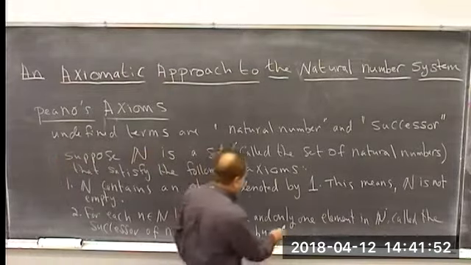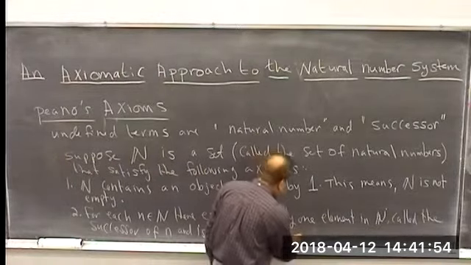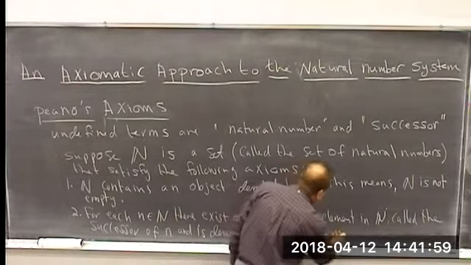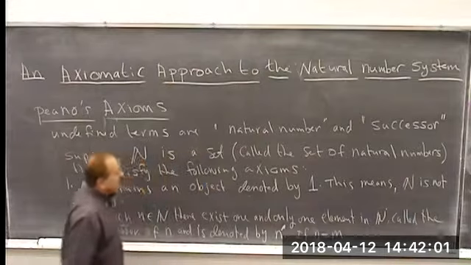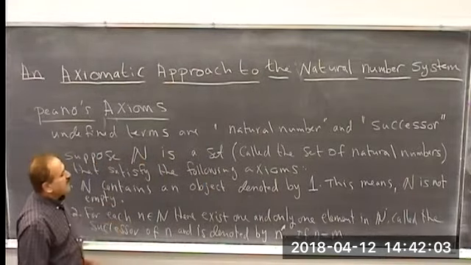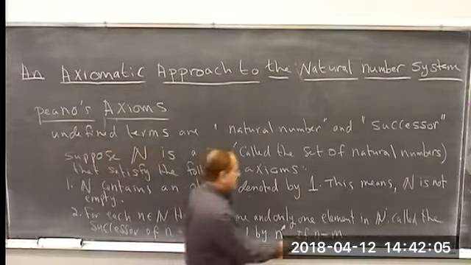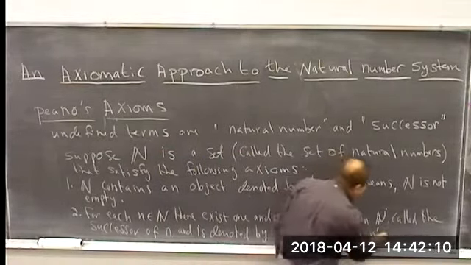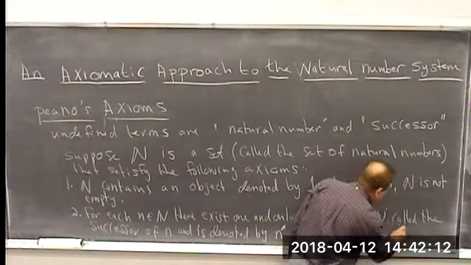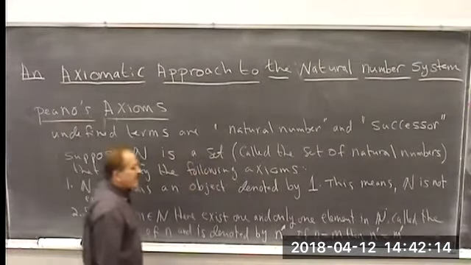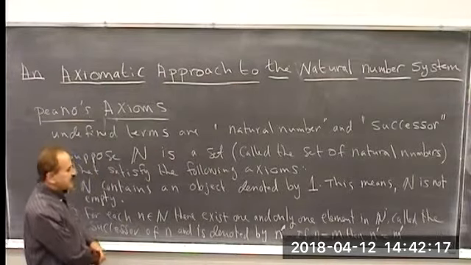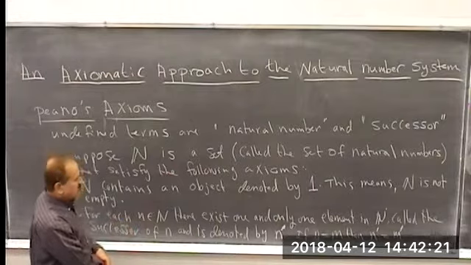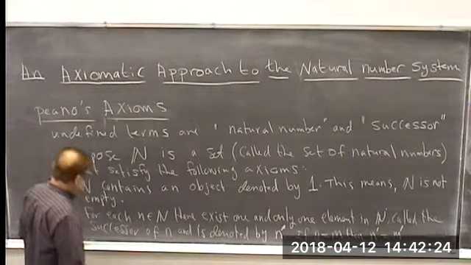So from this axiom, we conclude that if we have m and n in N, and they are equal to each other, then the successor of m should be the same as the successor of n. Because since they are the same, we associate with each one of them one and only one successor. So the successors must be equal to each other.